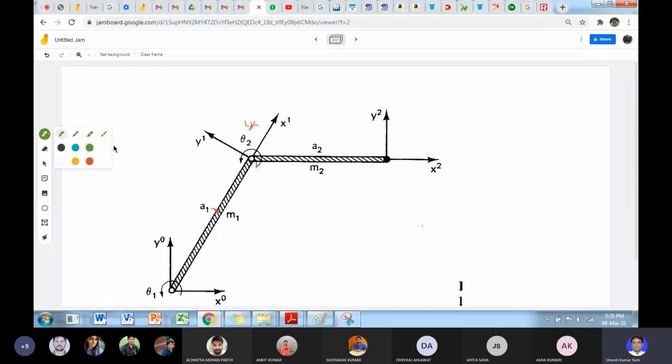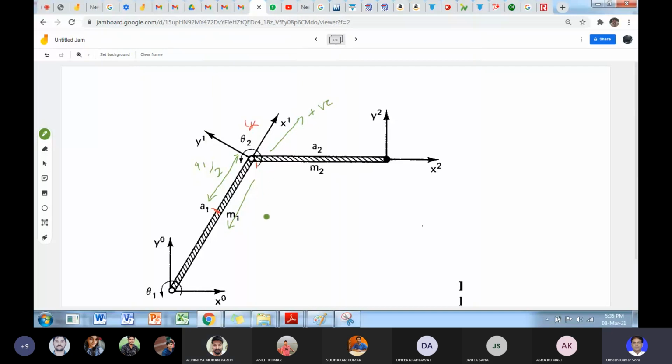Okay, so what is this distance? a1 by 2. Okay, so this is the negative direction, this is the x1 positive direction, and this is the negative x1 direction.